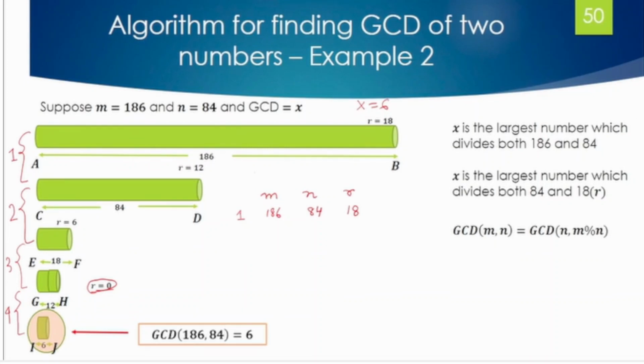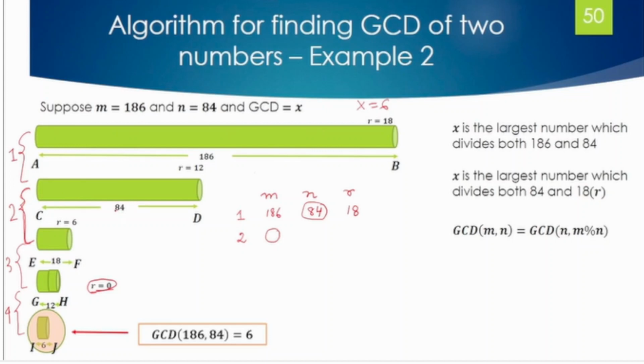That's what in the length also you can see: this is your M, 186, this is your N, and this is your R. Now in the next iteration the value of M will be the value of N from the previous iteration. In iteration 2, the larger rod is the shorter rod of iteration 1, right?